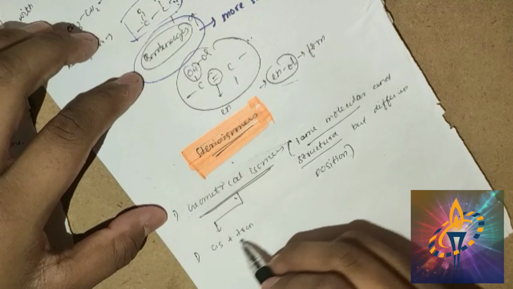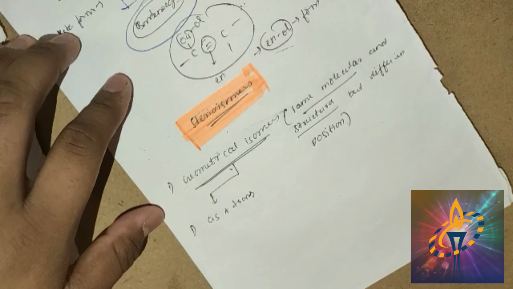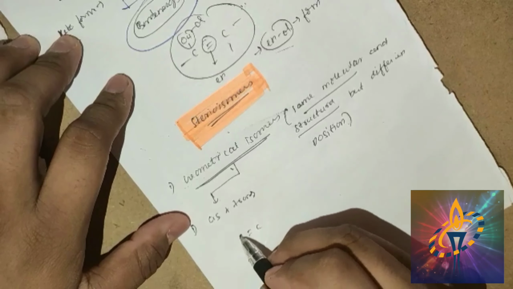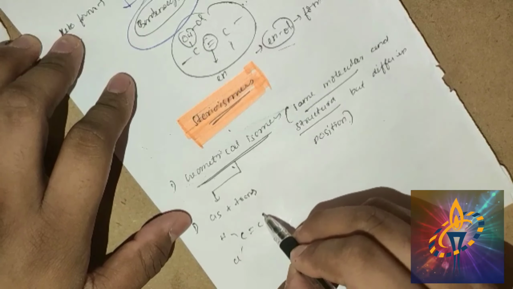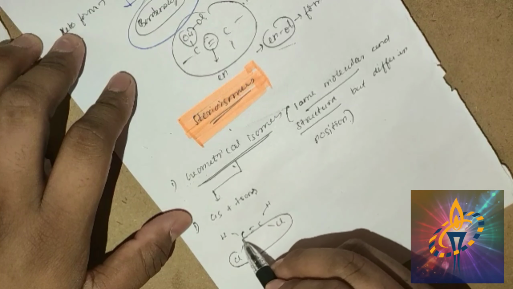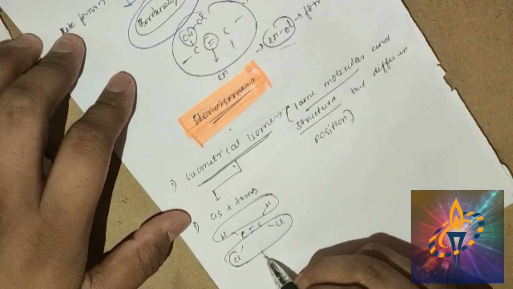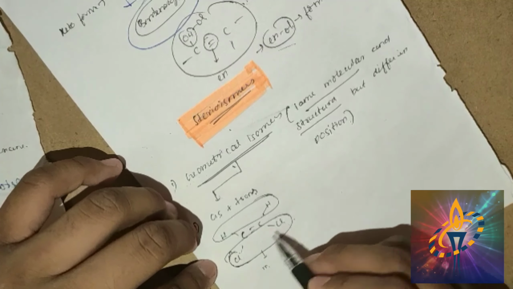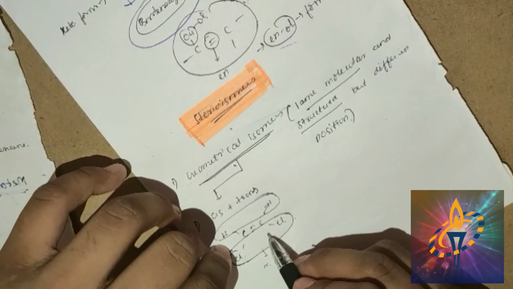First one in this, cis and trans. What are cis and trans? This is for enes only: hydrogen, Cl, hydrogen, Cl. When two more electronegative atoms, or two same atoms, are on one side, it is called cis.